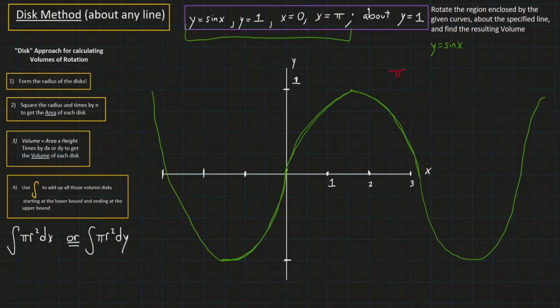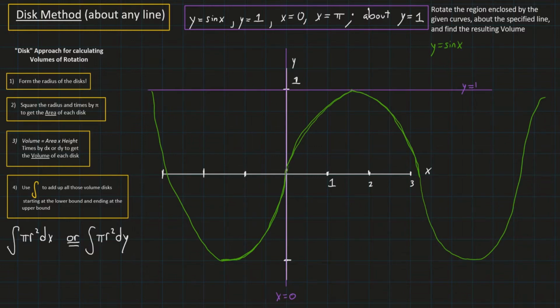Pi makes the sine become 0, so here's x is equal to 3.14 and y is equal to 0. And of course the sine of 0 is 0. Your basic sine graph. Y is equal to 1 is just all the points that have a y coordinate of 1. That's going to be this guy right here.